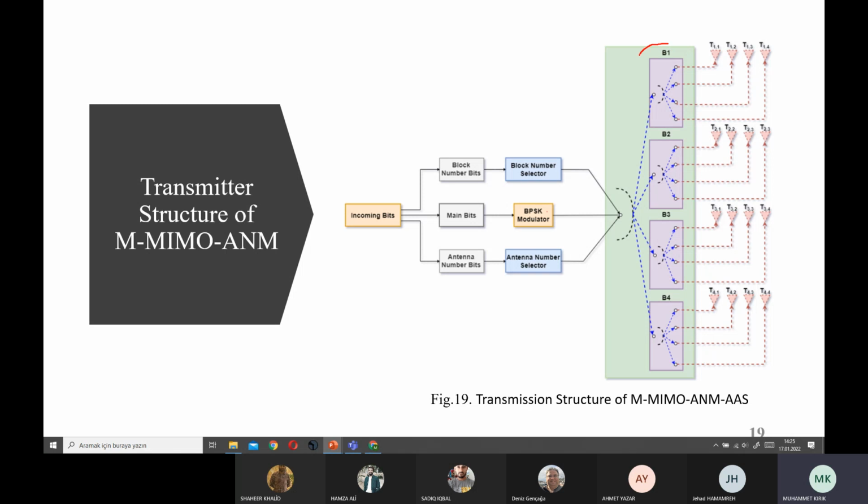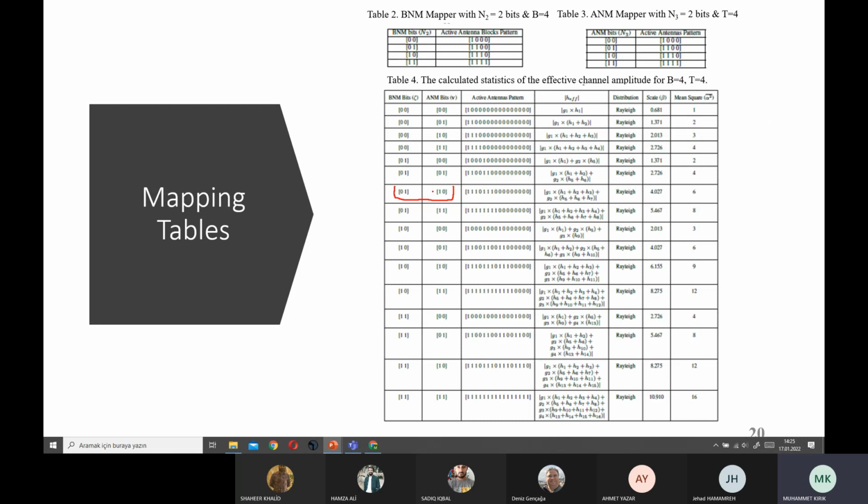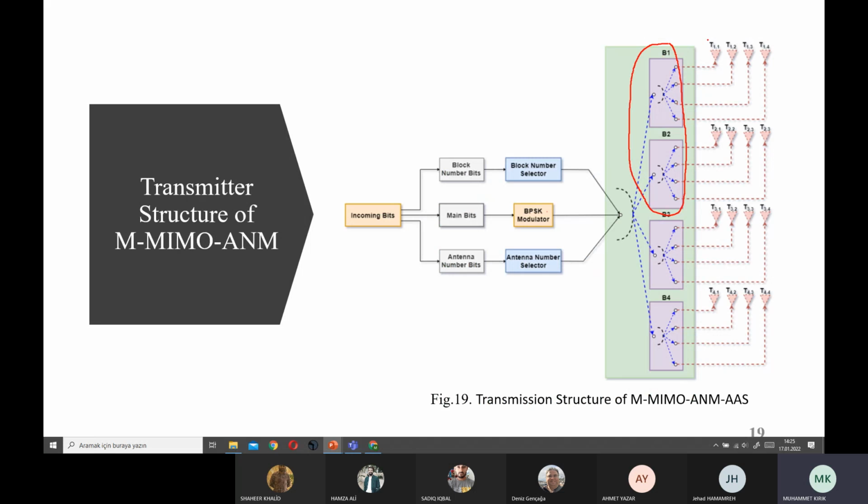So we are just picking these two for the activation, because what we said here was we have 0, 1 in our block number bits, and 0, 1 means activation of 2 antenna blocks. And we have 1, 0. So when we have 1, 0, we are activating 3 antennas in each active block. So let's say we are not doing any adaptive antenna selection, so we are activating these 3 directly. So this is how the antenna activation works in the multiple MIMO-ANM system.